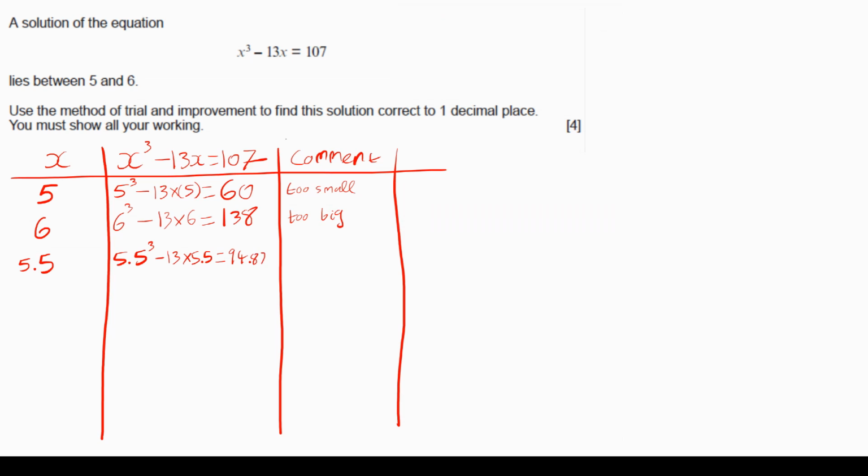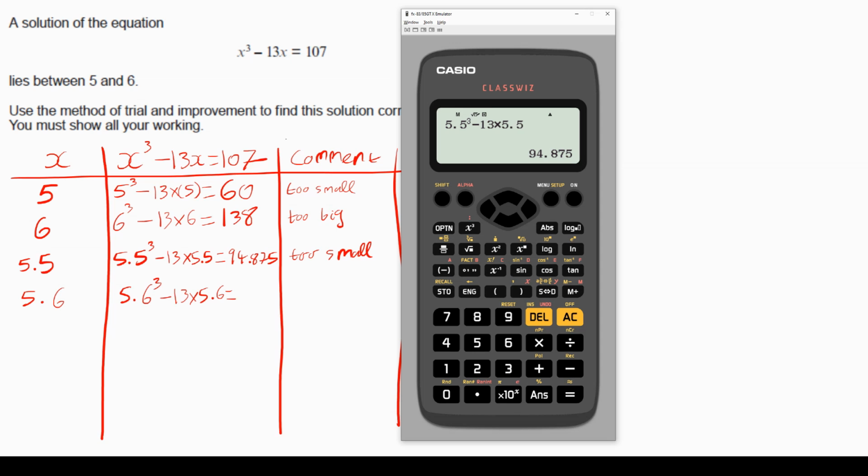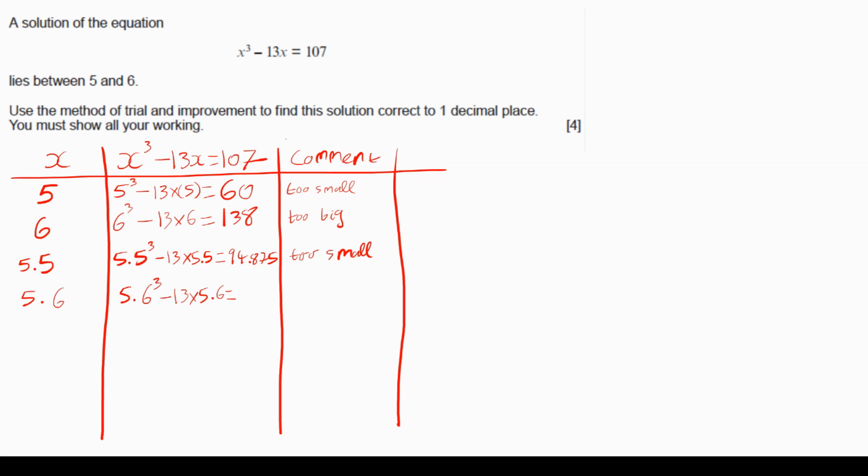Now that is too small because it's less than 107. So why don't we try something bigger than 5.5, 5.6. So we have 5.6 cubed, take away 13 times 5.6, and let's see what that equals. That's 102.816, which is still too small.